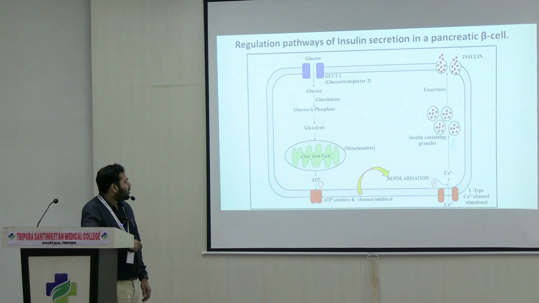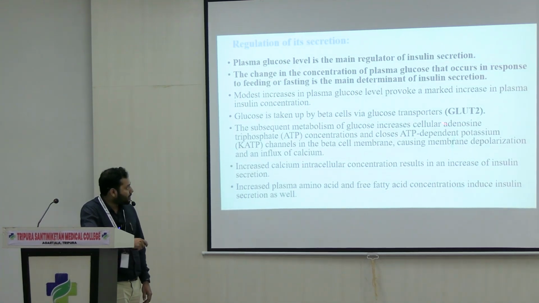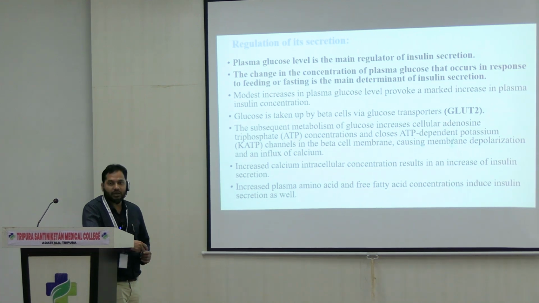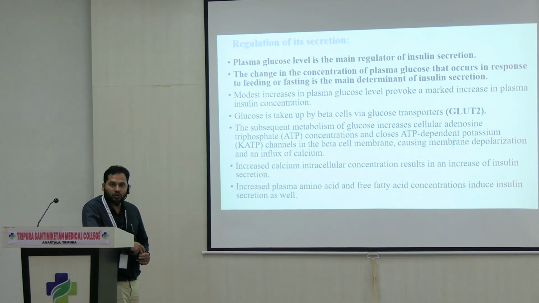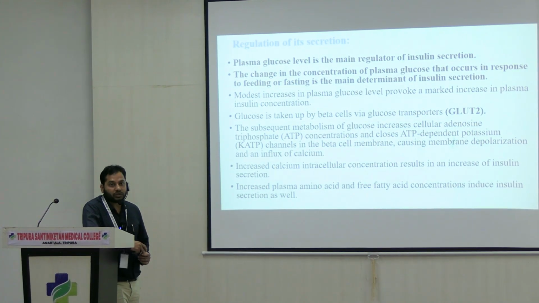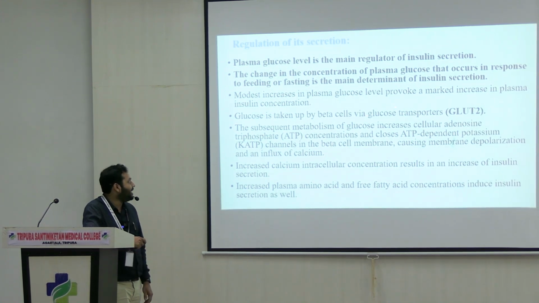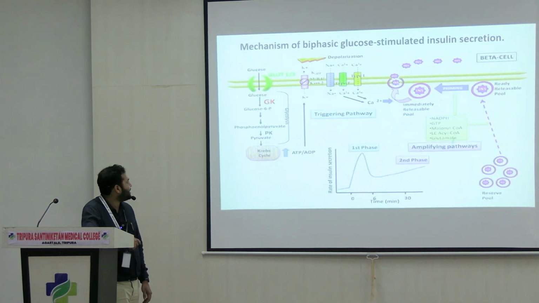Now, see here, what is the most important type of transporter involved? That is the GLUT2 transporter. And these GLUT2 transporters allow the glucose molecules. So, ultimately, the secretion of insulin hormone mainly depends on the glucose uptake by GLUT2, right? That is explained here.